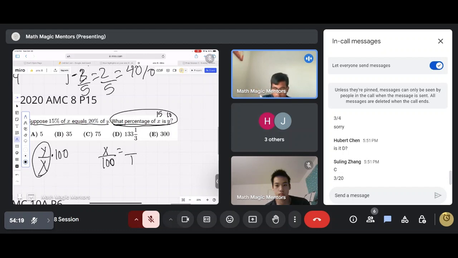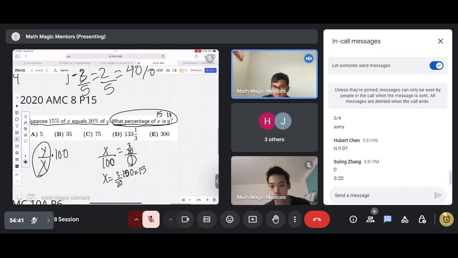So 3 over 20, as one of you found, is 3 over 20 over the whole, the whole part. So it's out of one. And then if you multiply both sides by 100, you get 3 over 20 times 100, and that's 15.